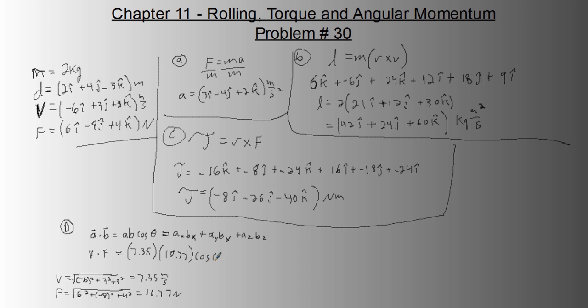times cosine of the angle. And that's going to be the components multiplied, so negative 6 times 6 is negative 36. And then negative 8 times 3 is negative 24. 3 times 4 is 12.